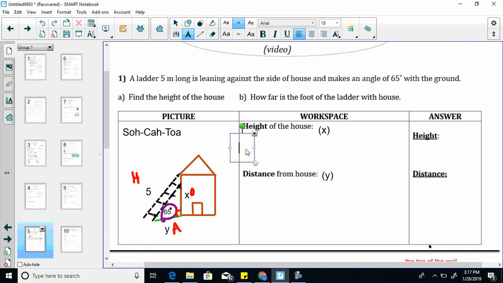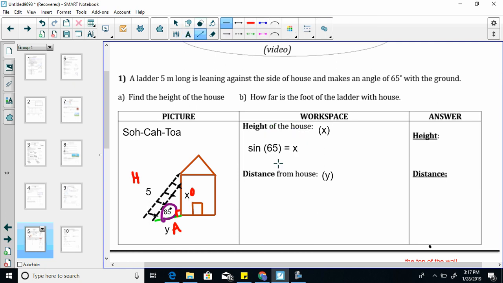So I'm going to take the sine of the angle, sine of 65 degrees, and it's going to equal the opposite over the hypotenuse. Well, the opposite is X, and my hypotenuse is 5. So I'm going to put this over 5 and over 1 so I can cross multiply.